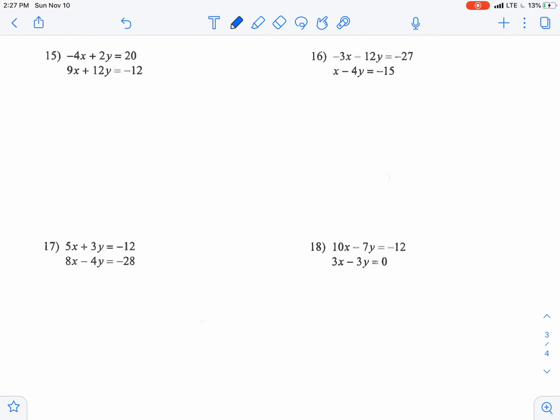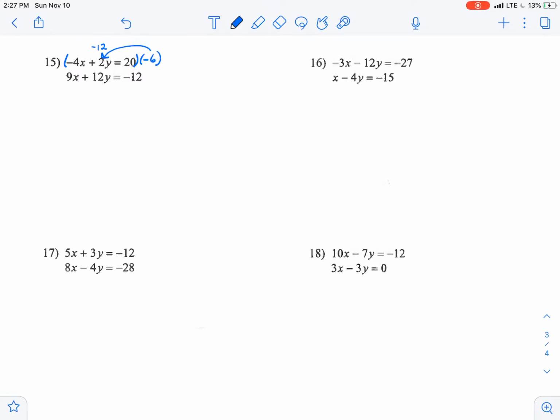So all I need to do is take this top equation and I'm going to multiply it by a -6. And when I take a -6 times that 2, I'm going to get a -12, okay? And now that -12 and this 12 will eliminate. So do you see what I'm going to do?